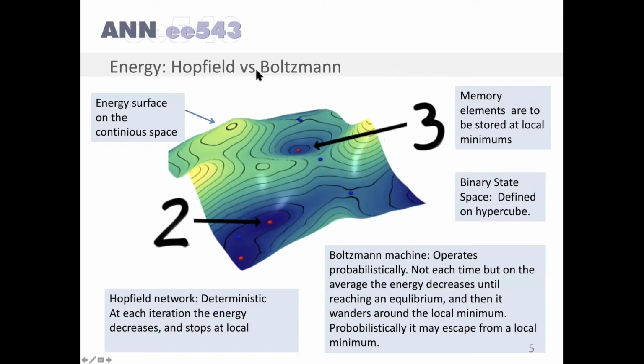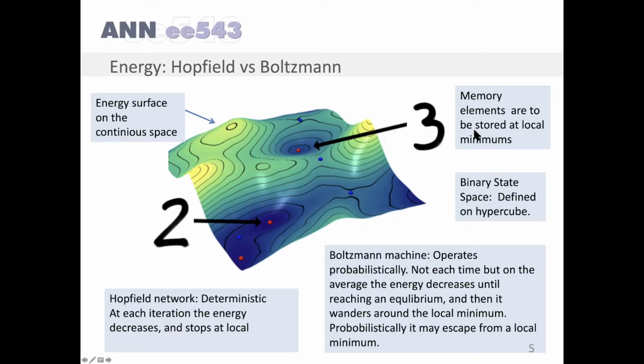If you compare Hopfield network and Boltzmann machine, notice that Boltzmann machine is a recurrent network having symmetric connections. It has some similarities with the Hopfield network. If we consider the continuous Hopfield network, we have an energy surface on the continuous space.